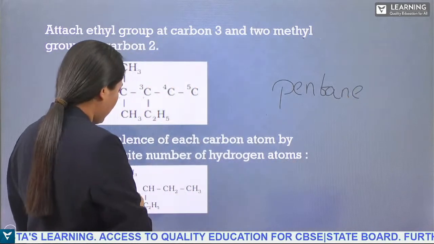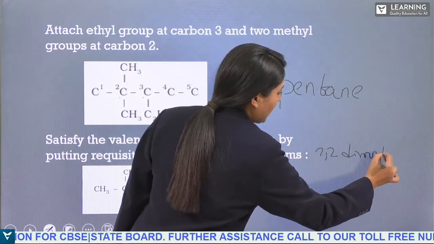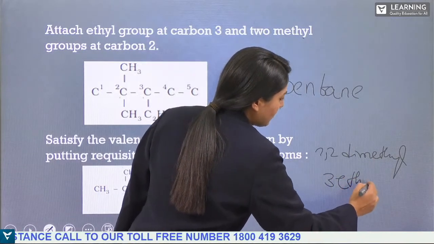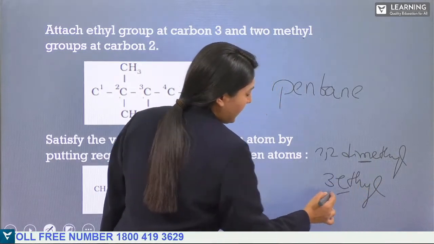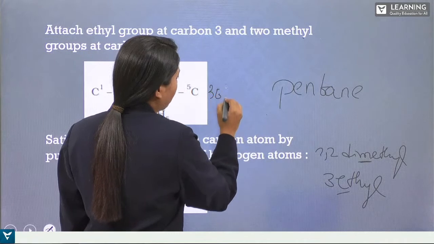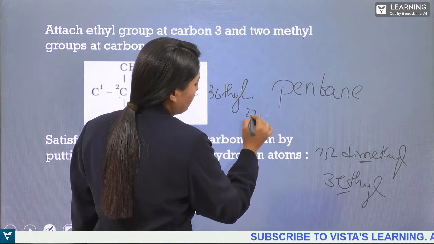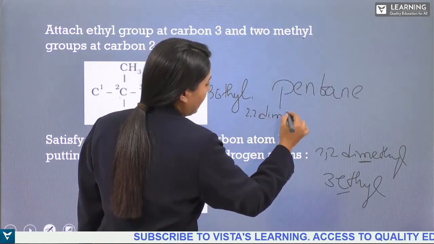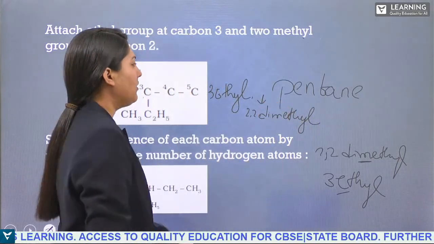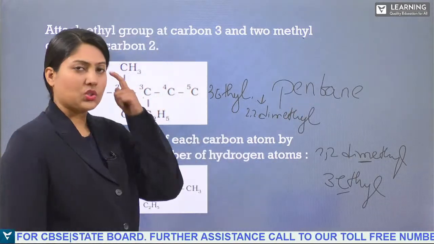So for the pentane we have 2, 2 dimethyl and we have 3 ethyl. So we should see M and E. E is first in alphabetical order. So 3-ethyl and we have 2, 2 dimethyl pentane. Okay. So we have 3-ethyl-2,2-dimethyl pentane as the name for this structure.